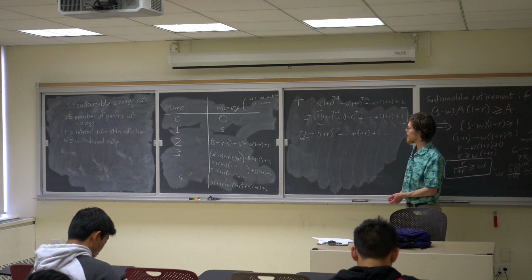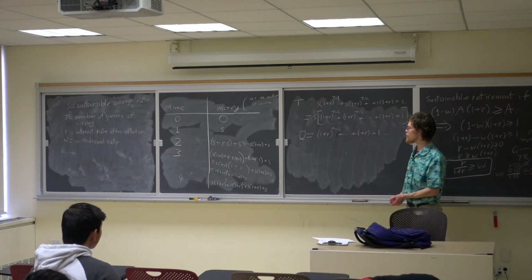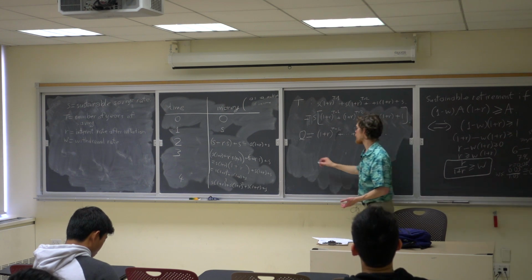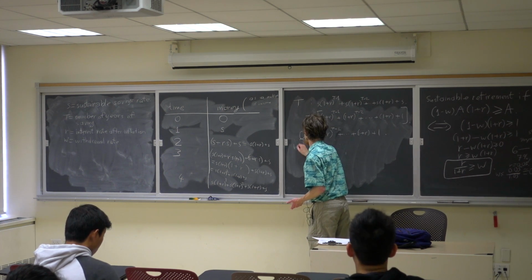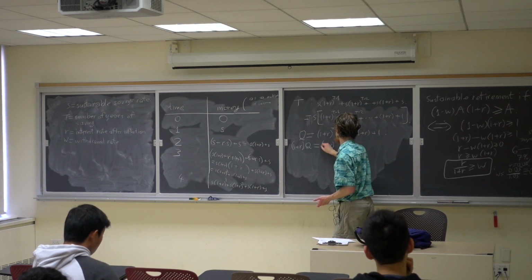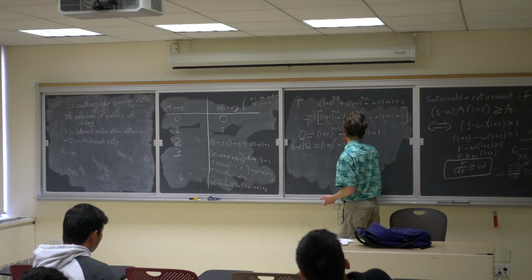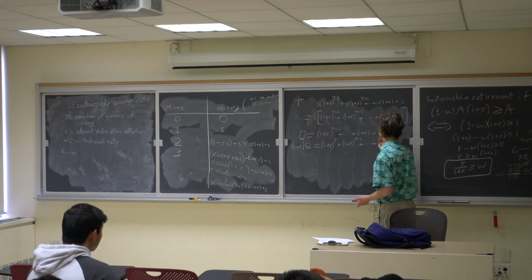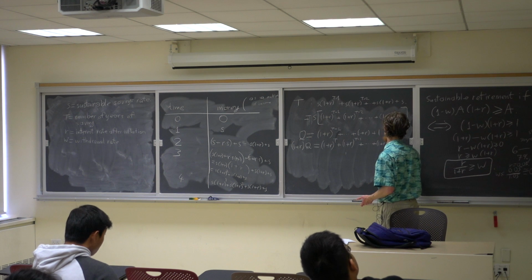So if I multiplied q by 1 plus r, it would be like shifting each of these terms to the left. So (1 plus r) times q equals (1 plus r) to the t, plus (1 plus r) to the t minus 1, plus and so on, plus (1 plus r) squared plus (1 plus r).